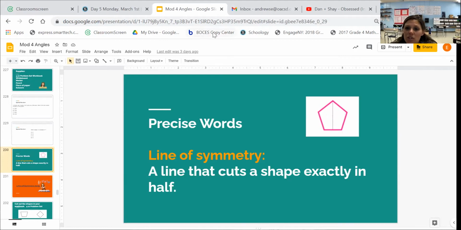If I tried to do a line this way, it would not be symmetrical because this would not match the other side. So this is not a line of symmetry. There's only one line of symmetry in this polygon or shape, okay? So if you didn't already, please go ahead and take a screenshot so you have this definition on your iPad to refer back to.